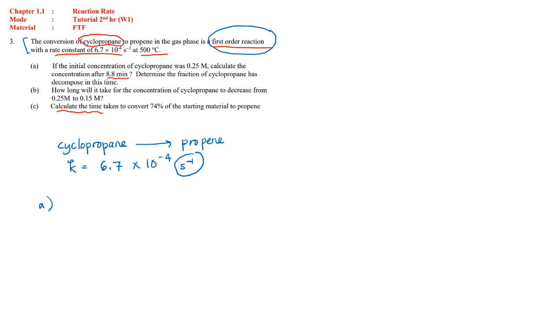If the initial concentration of cyclopropane was 0.25 molar, so initial concentration of cyclopropane 0.25 molar. Okay, calculate the concentration after 8.8 minutes.